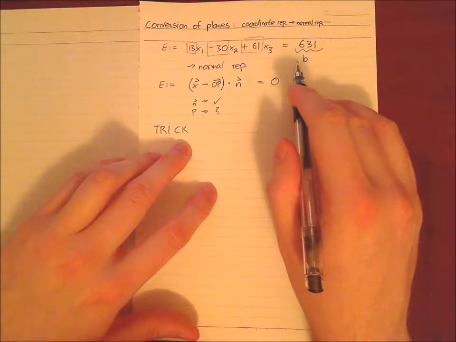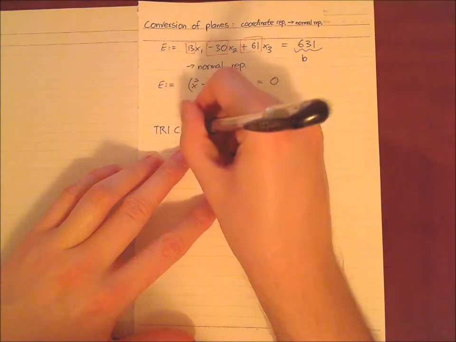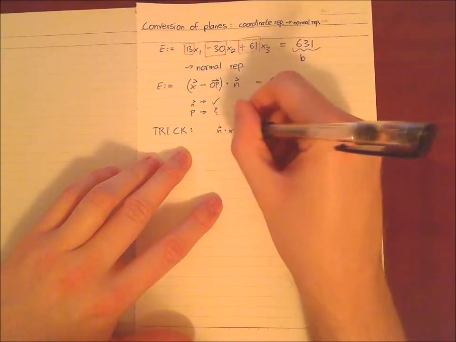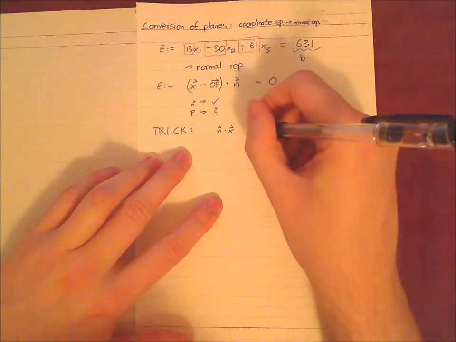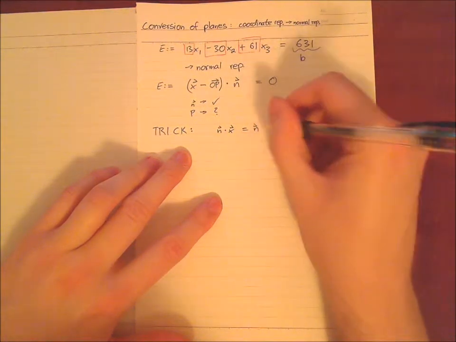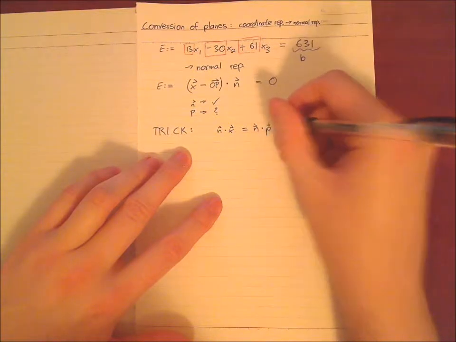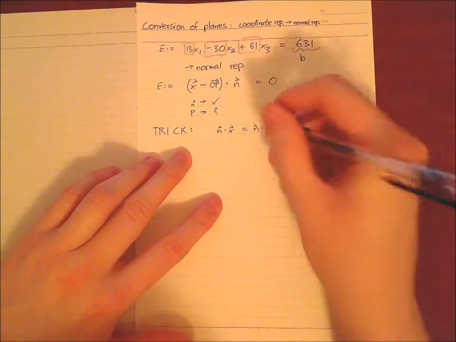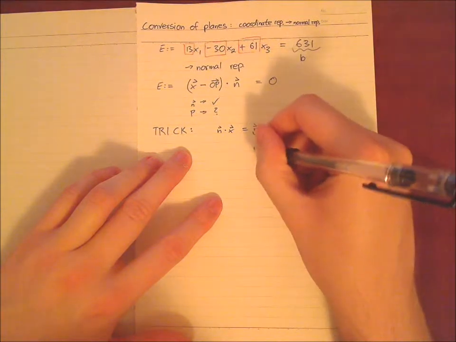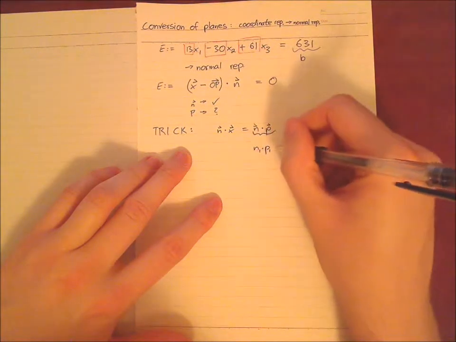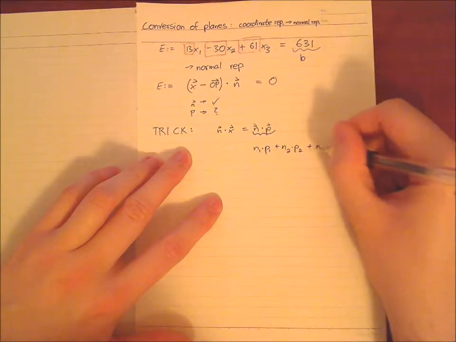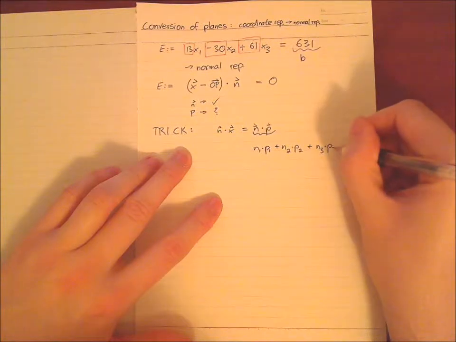And the way to calculate the point now is the following. So we know the coordinate representation is vector n times vector x equals vector n times vector p, and this is the support vector of point P. And then we also know that this on the right side is actually n1 times p1 plus n2 times p2 plus n3 times p3.